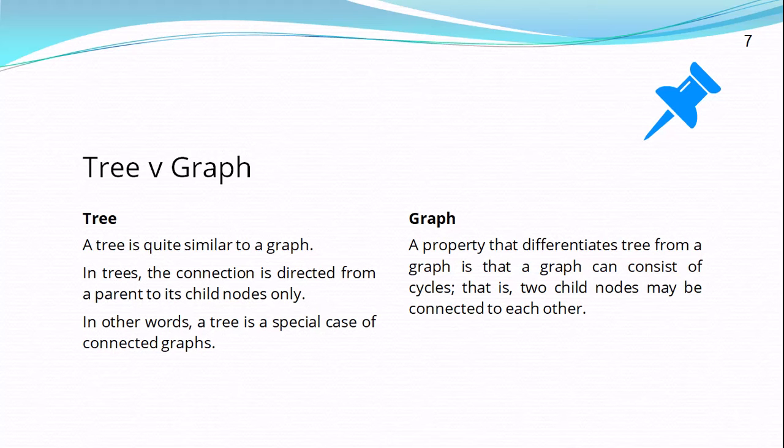They're directed connections, a connection having a particular direction. So the key property that distinguishes a tree from a graph is that a graph can have cycles in it. In other words, two child nodes might be connected to each other.